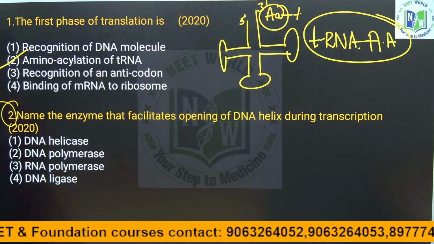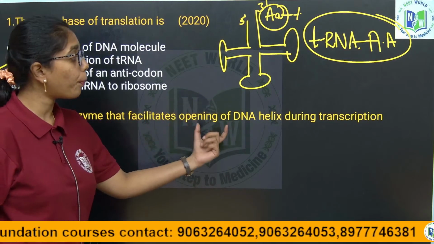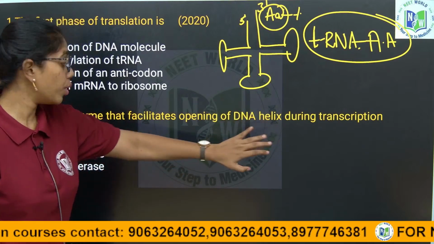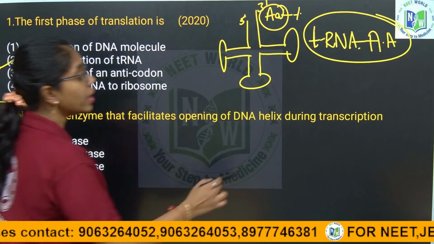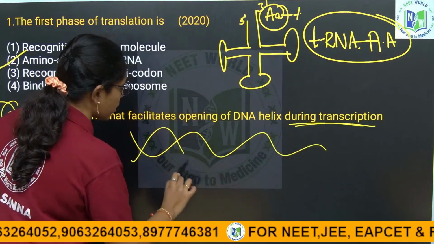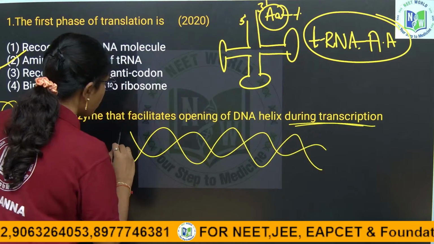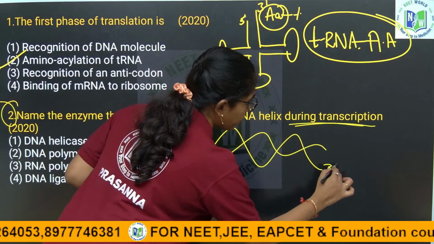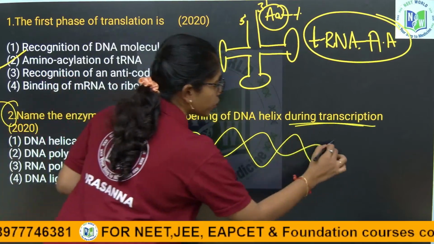Second, name the enzyme that facilitates opening of DNA helix during transcription. During transcription, he is saying. From a double stranded DNA, one strand is from 5 prime to 3 prime, the other is from 3 prime to 5 prime.